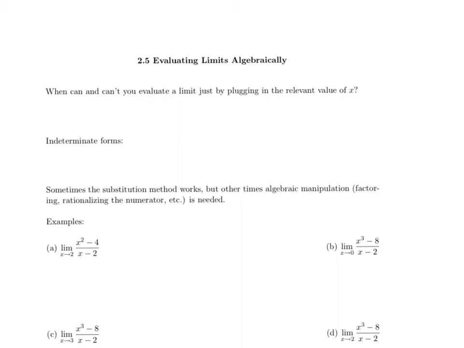So the first question you may ask is, when can and can't I evaluate a limit by just plugging in the relevant value of x and being done? When is the function value the same as the limit value? Hopefully, if you were paying attention in class on Wednesday, you know that happens when your function is continuous at that point.